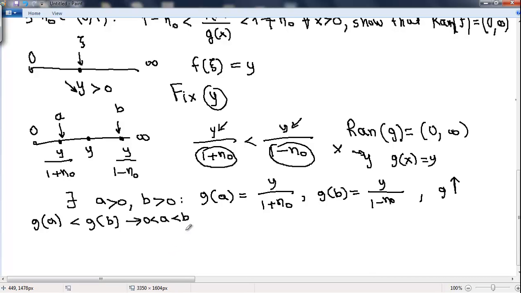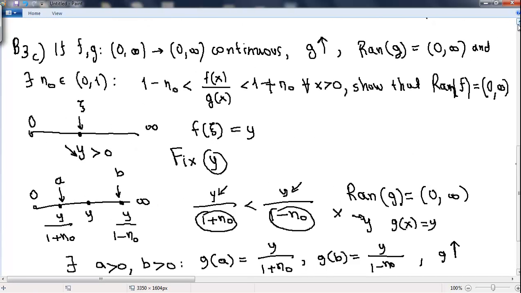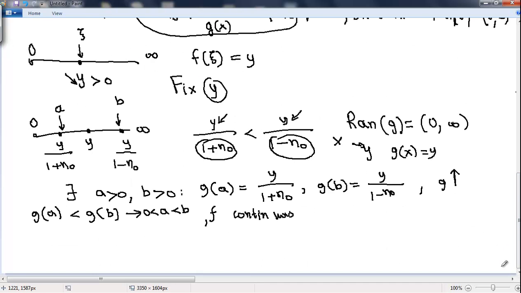Now I know that f is continuous, and I know that there exists a relation here for all positive x. I can substitute a and b in that relation. For a, I will find f of a is less than 1 plus eta 0 times g of a, but if you substitute g of a here you will get y.